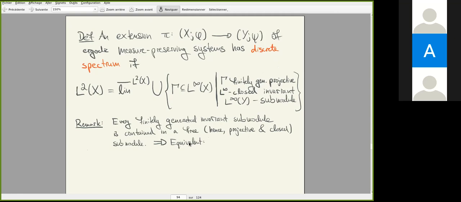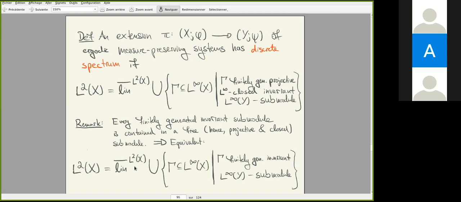If you have a finitely generated invariant submodule, then it is always contained in a free and hence projective and closed submodule. So the upshot of this is that this property is just equivalent to saying I have many finitely generated invariant submodules.